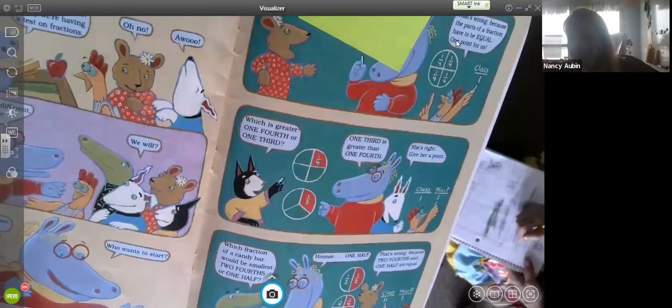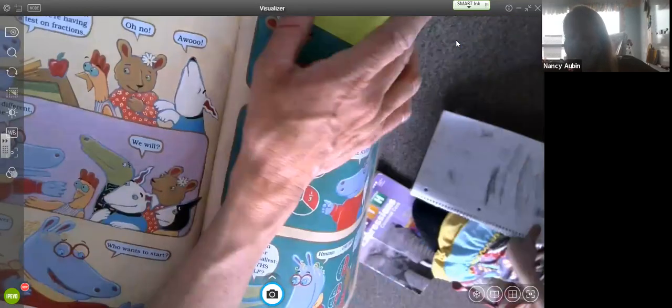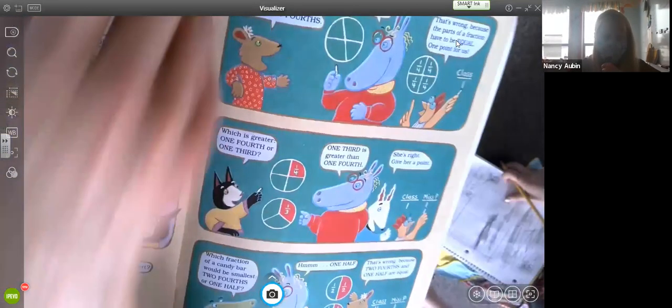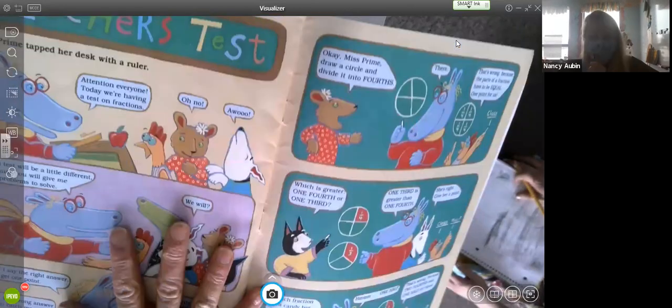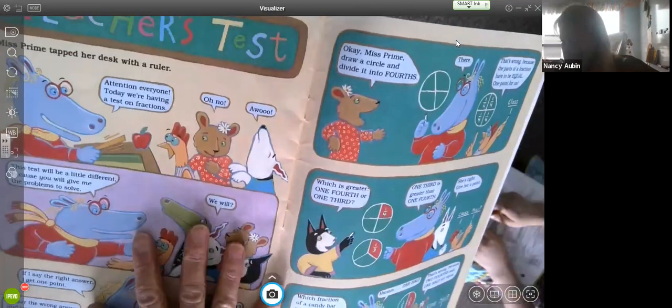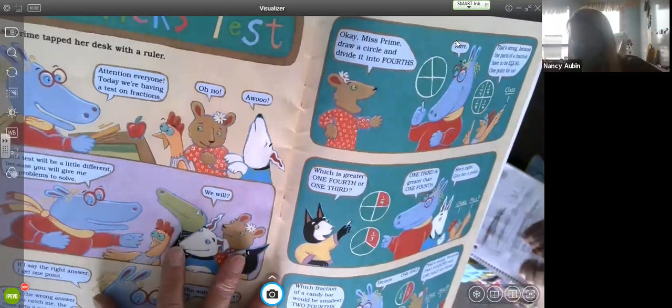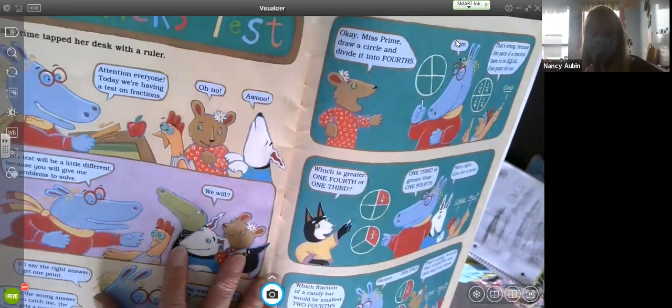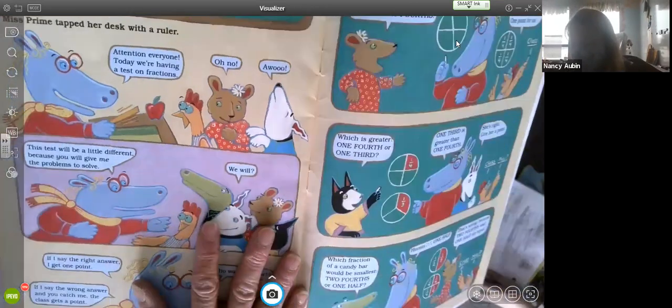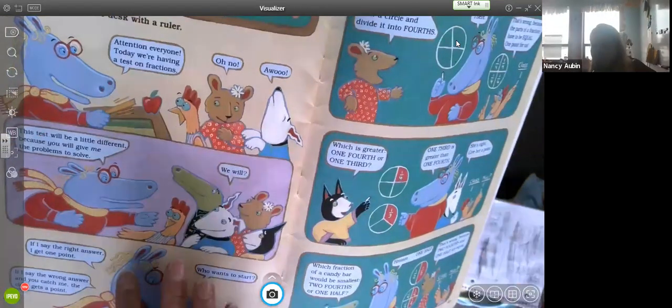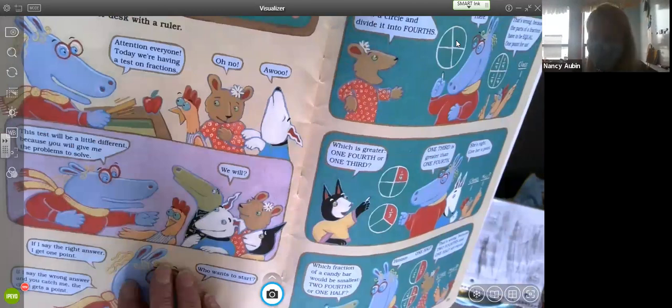Teacher's test. Miss Prime tapped her desk with a ruler. Here she is. Attention, everyone. Today we're having a test on fractions. Oh no. This test will be a little different because you will give me the problems to solve.